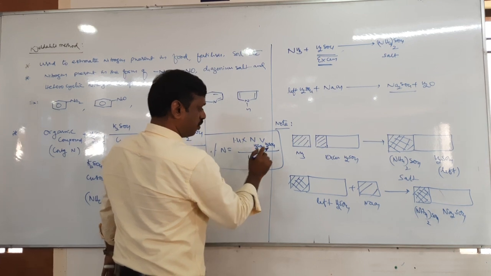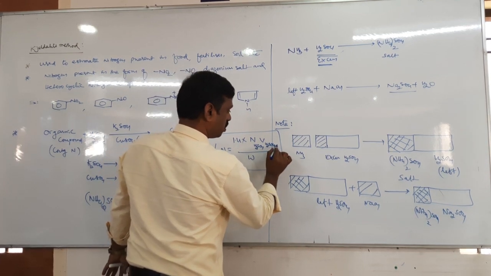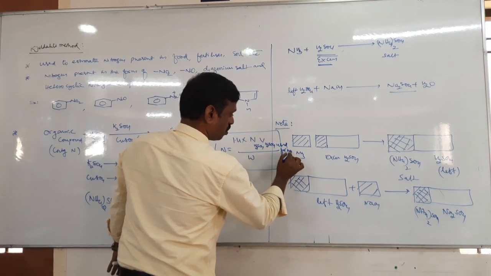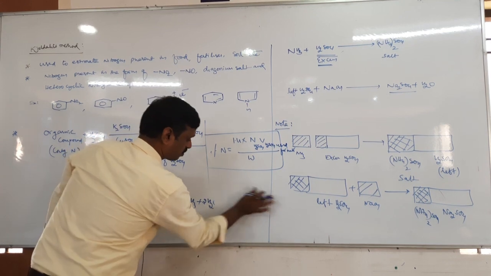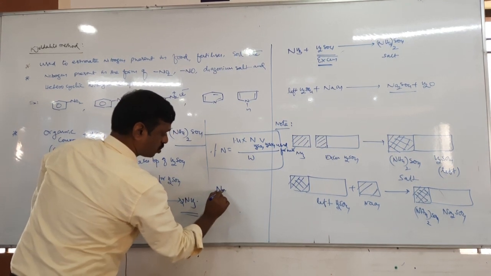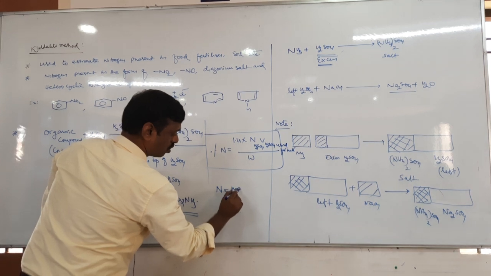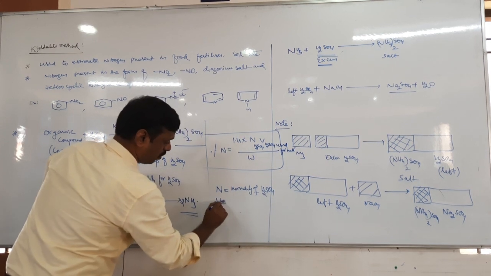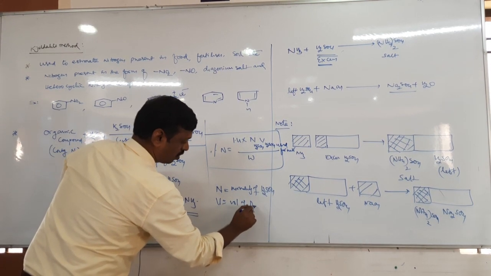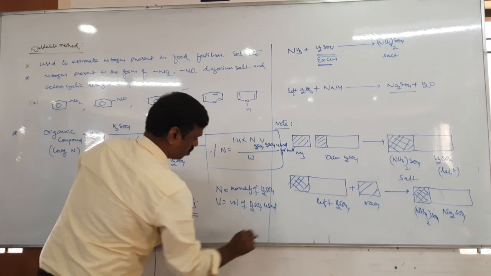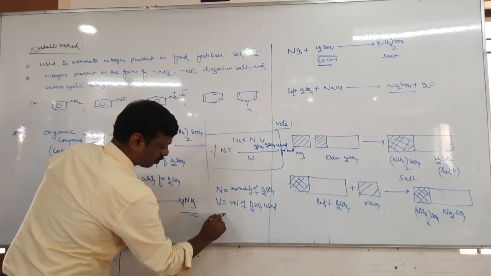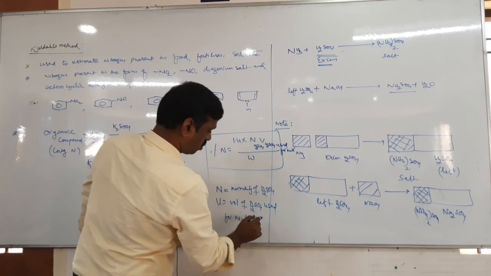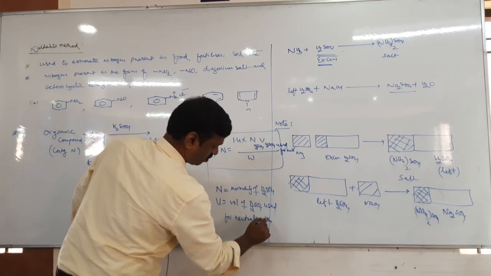So normality of sulfuric acid, volume of sulfuric acid used for neutralization, or else write clearly here: N is equal to the normality of H2SO4, V is equal to the volume of H2SO4 used for neutralization.